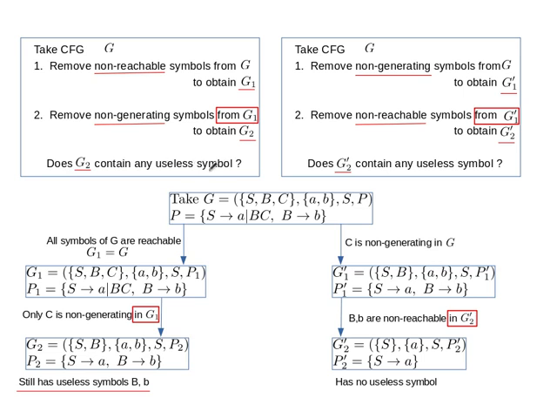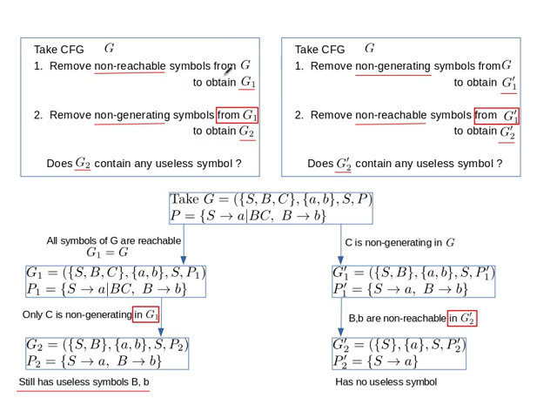At first glance it seems that it cannot. We are first removing the non-reachable and then the non-generating, so why should it contain any useless symbol? But the subtle difference is that we are removing the non-generating symbols from G1, not from G, and you will see that it may create a problem.